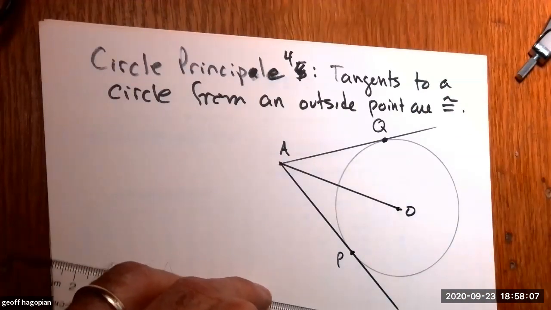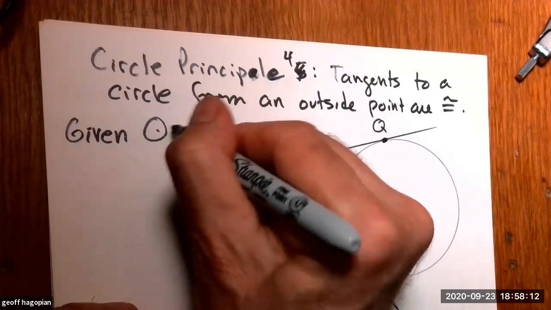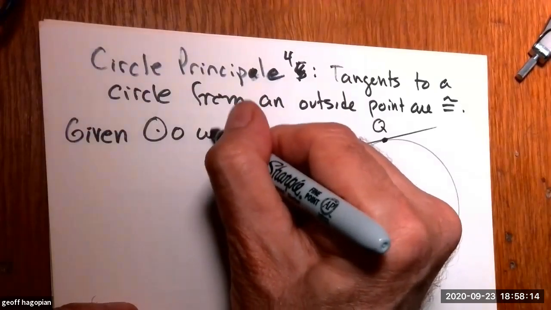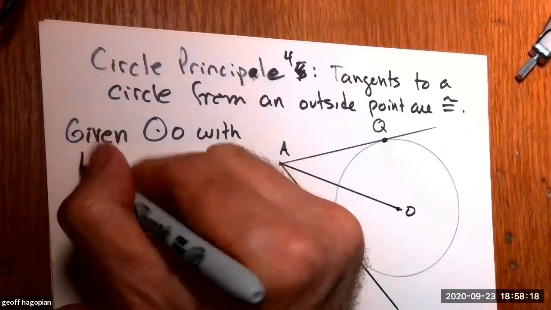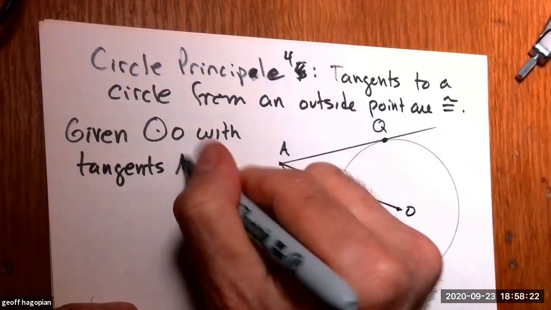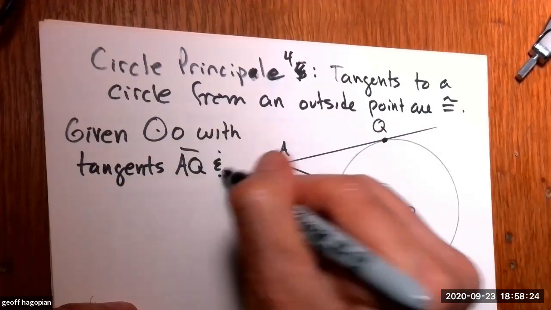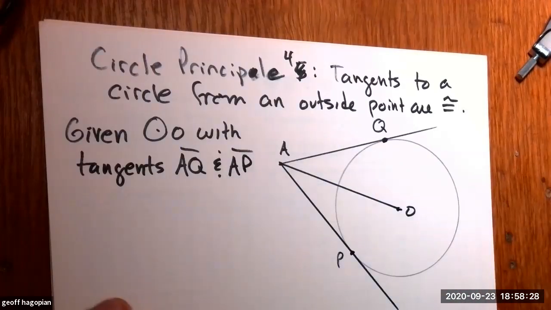So what are we given? Well, circle O with tangents AQ and AP. Is that clear enough? Okay.